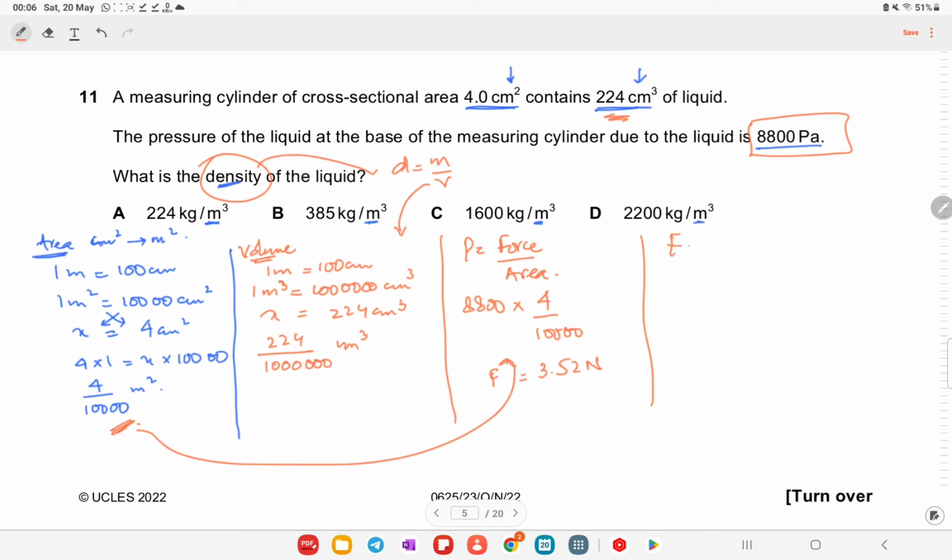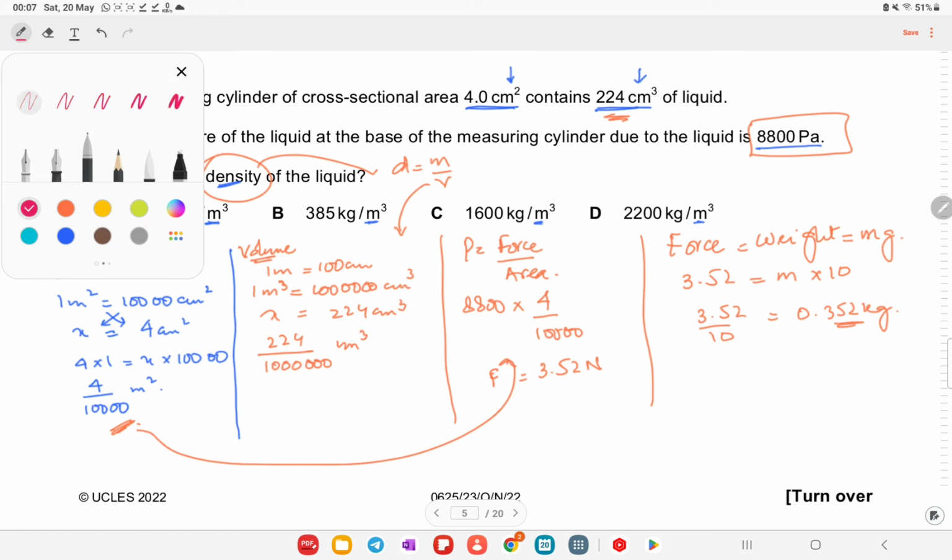We know that force equals weight, and weight equals mg, because we need the mass. So this is going to be 3.52 equals m times the value of g, which is 10. So 3.52 divided by 10 equals 0.352 kg. Now we have the mass and the volume, so let's put the values back into the formula.